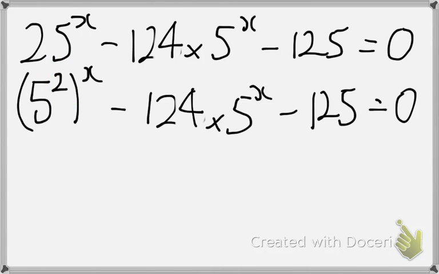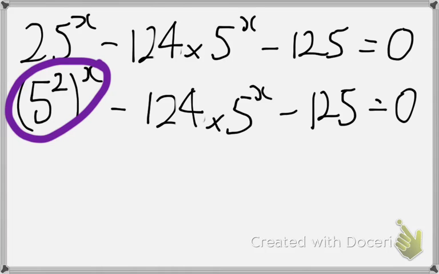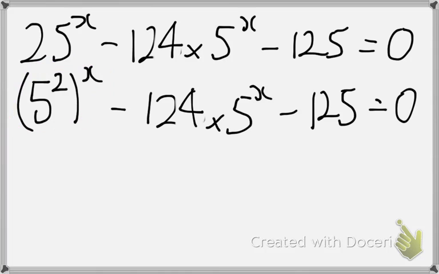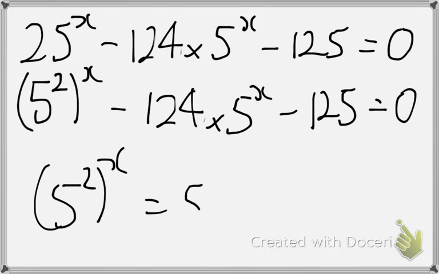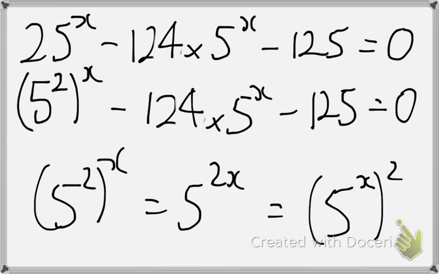Okay, next question. I'm going to have a look at this term here. I need that to the power of 2. So what I can do is I can switch these two around. And I can do that because 5 squared to the power of x is just 5 to the power of 2x, which I can also write as this.